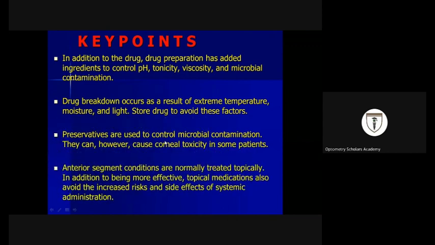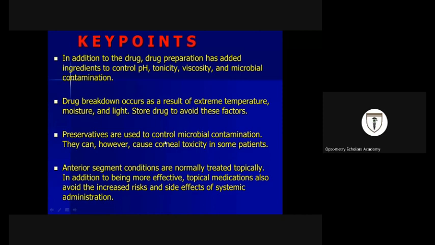So anterior segment conditions are normally treated topically. Anterior segment conditions like conjunctivitis, blepharitis, allergic conjunctivitis, bacterial conjunctivitis, keratitis, those are the outer tissues of the eyes. They are normally treated topically.